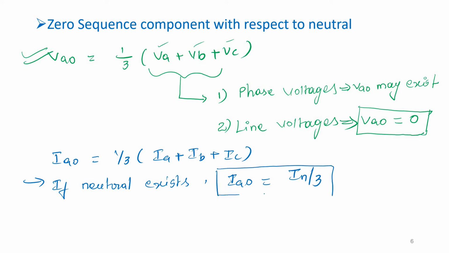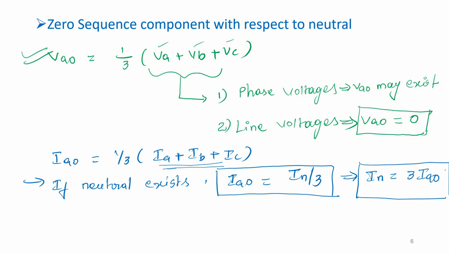We have seen the importance of the neutral connection with respect to the symmetrical components. From that you can represent the sum of the line currents as IN, the neutral current. So the neutral current will be 3 times the zero sequence component. This is the case whenever there is a neutral in the system.